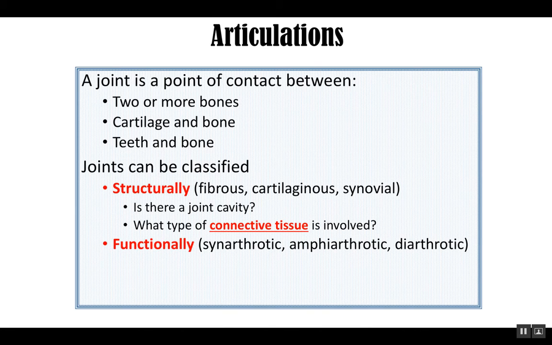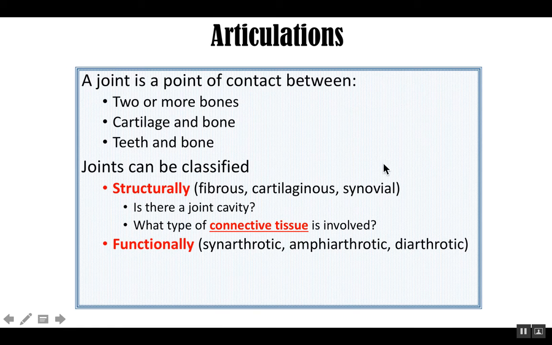Then we take a joint and we can also classify it functionally. Functional categories relate to the degree of movement that the joint permits. The three types of functional categories are synarthrotic, which is often referred to as immovable; amphiarthrotic, which is said to be somewhat movable or slightly movable; and finally, diarthrotic, which we often refer to as a freely movable joint.